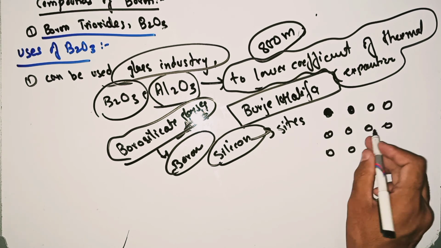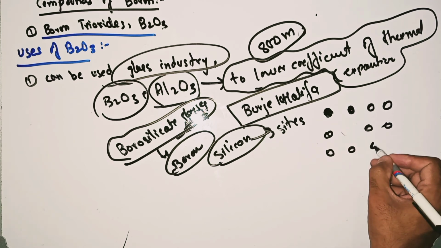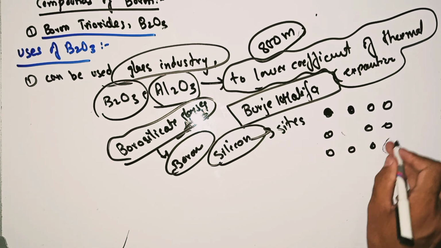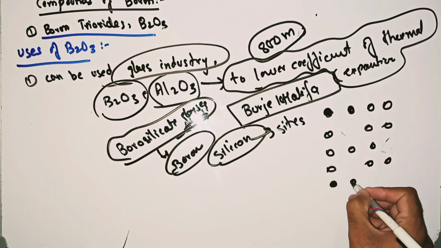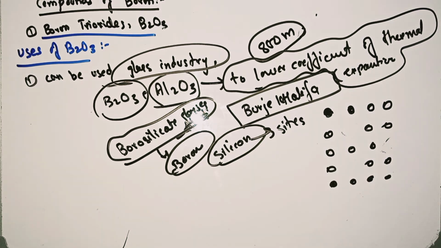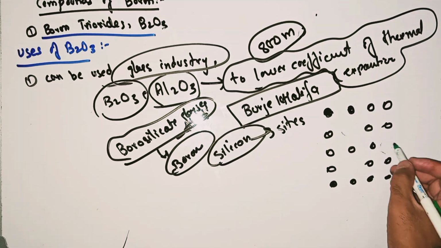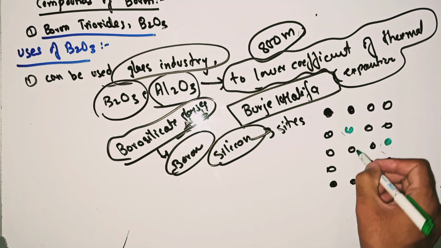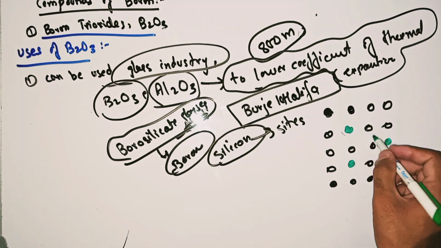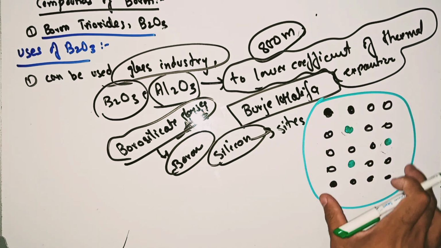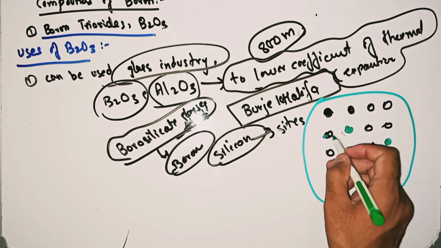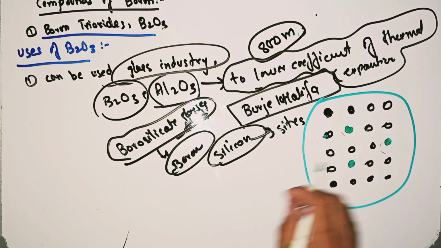Let's suppose this is one glass: here is one silicon, here is one silicon absent, and where the space is empty, boron is used. The black dots are the silicon while the green dots are the boron.